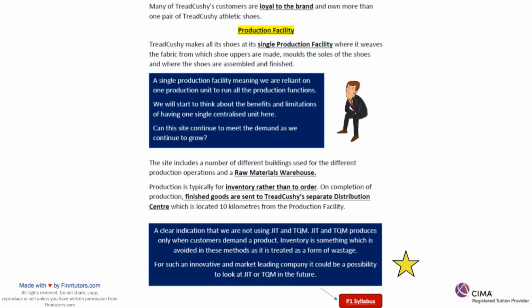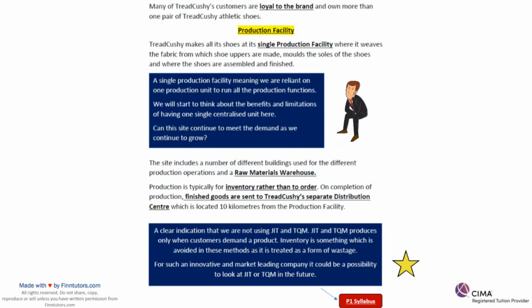Everything is happening under one roof, and then we are shipping out to our 14 stores and serving our online customers, and our customers using our app as well. So all the production is happening at one facility. We will here start to think about the benefits and the limitations of having one single unit, which means we have one factory.